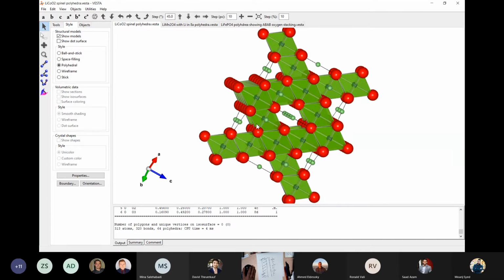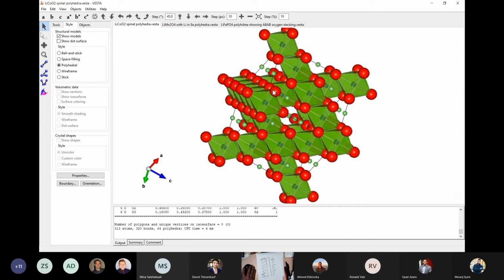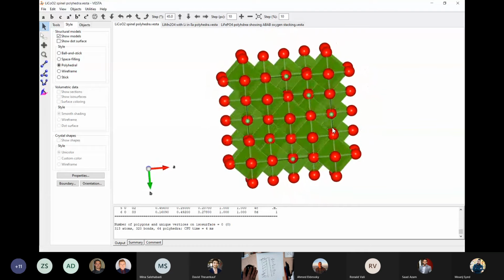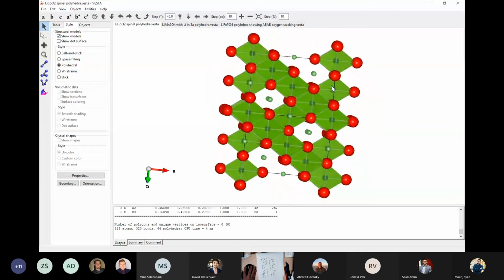And in this layer, which is slightly tilted, there would be 3/4 filled with lithium and 1/4 filled with transition metal. And in the next layer up here, it's 3/4 filled with transition metal and 1/4 filled with lithium. And the oxygens are these big red ones. Now watch what happens when I rotate this thing. There's another set of tunnels.